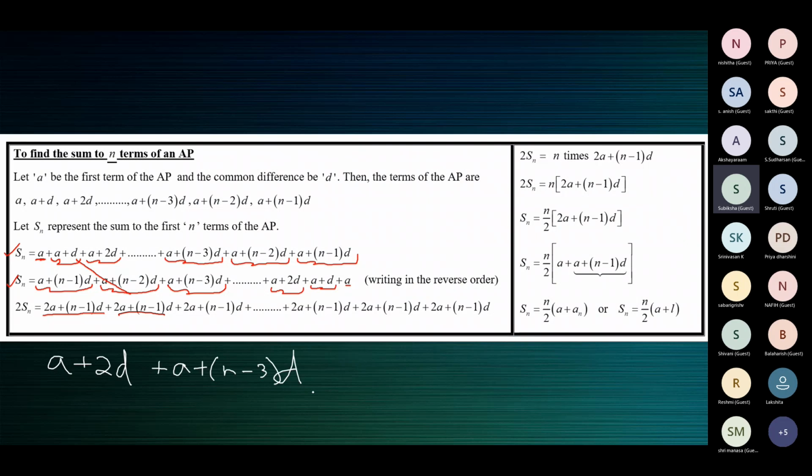We have written the third term in the first row and the third term in the second row. We have to add them.